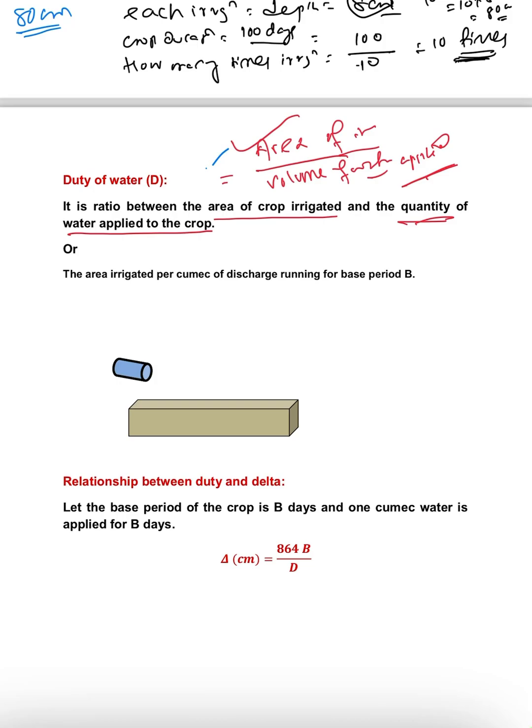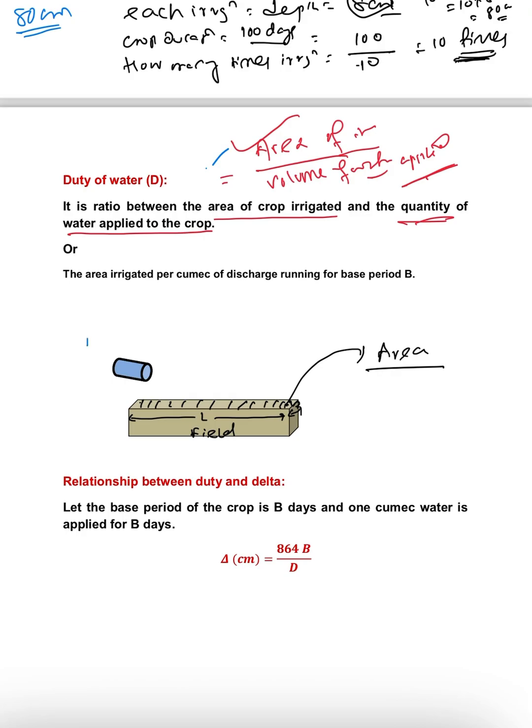So suppose this is my field, and this is the length and this is the breadth. So this is my area. The area of cultivation or irrigation is irrigated by this pipe.